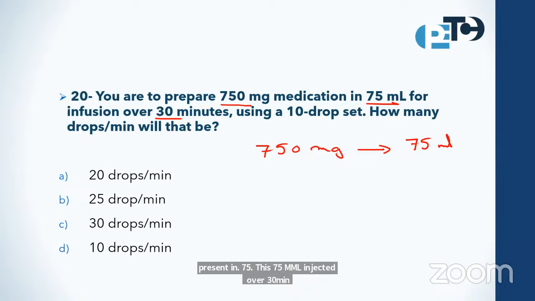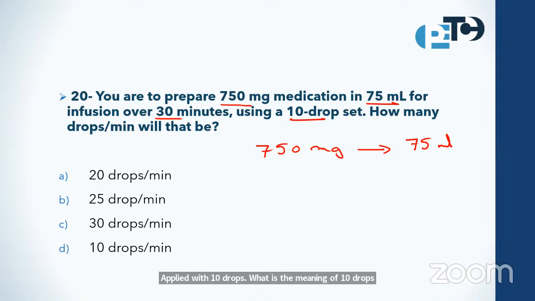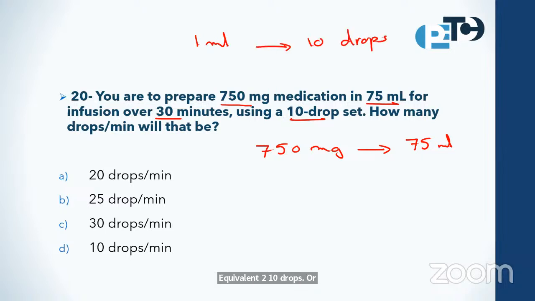The dropper of the infusion set is a 10 drops set. What is the meaning of a 10 drops set? It means that every 1 milliliter of solution is equivalent to 10 drops, or every 10 drops equal 1 milliliter. This is the adjustment of the infusion set.